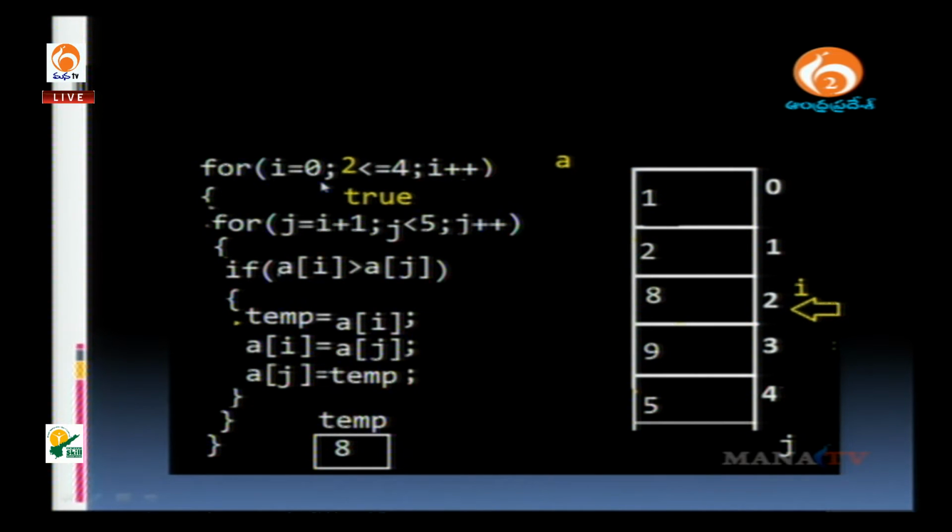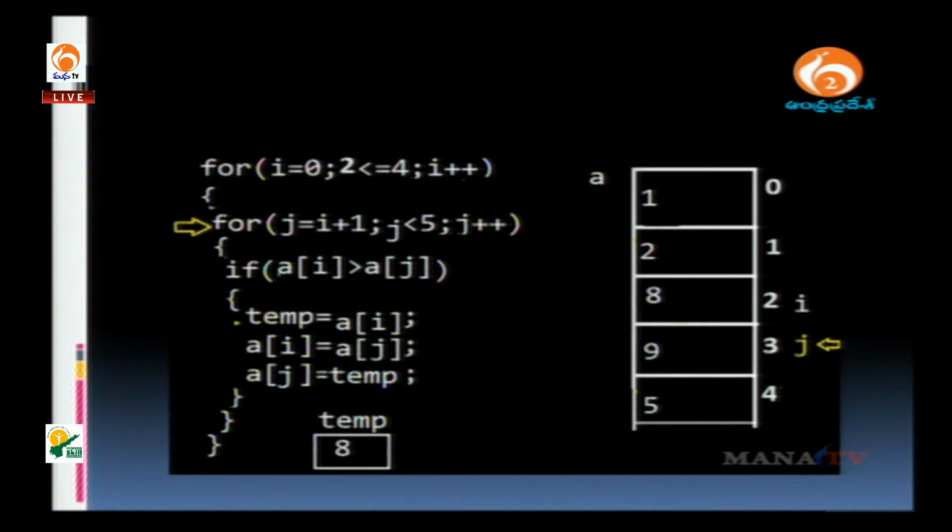Next, the control comes to the inner for loop. j = i + 1, where i is 2, so 2 plus 1 is 3. j moves to the next location, index 3.